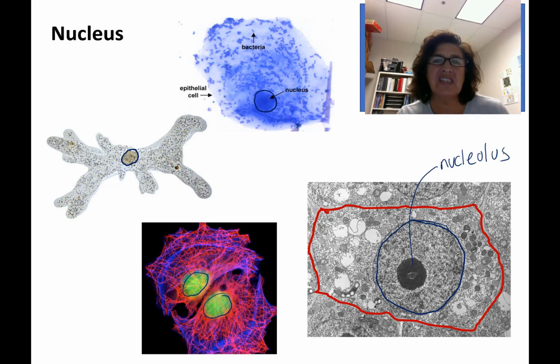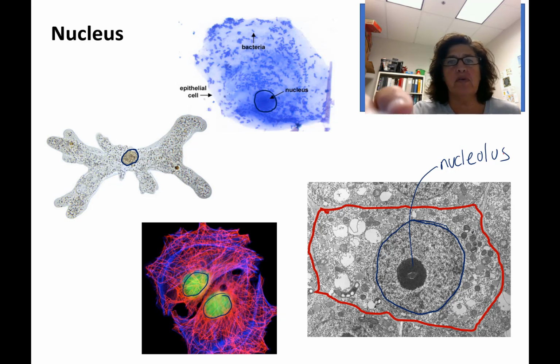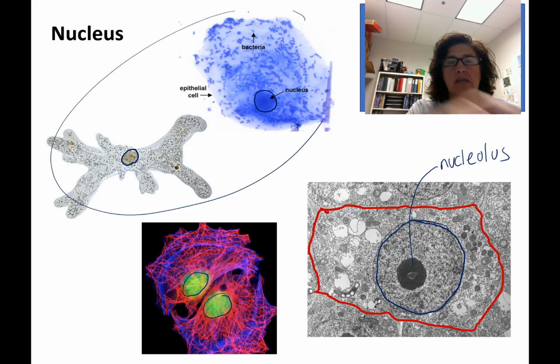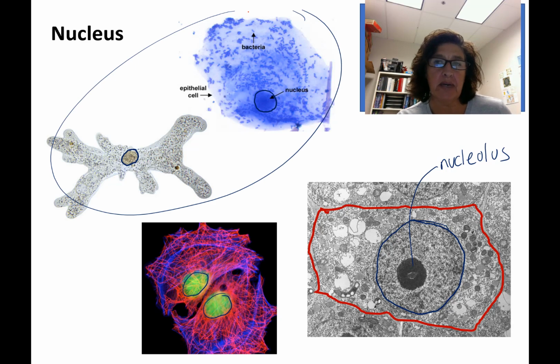So you really cannot see the nucleolus unless you're using an electron micrograph. So hopefully you recognize these as light microscopy or bright field. This is a stained cell, and this is a TEM, transmission electron microscopy image. So that's what your cell looks like. That's what your nucleus and nucleolus look like.